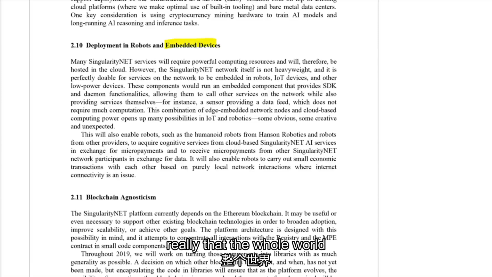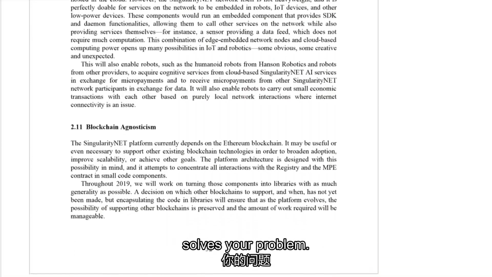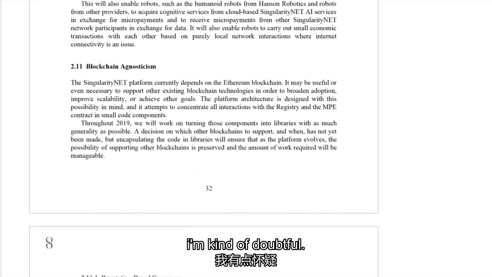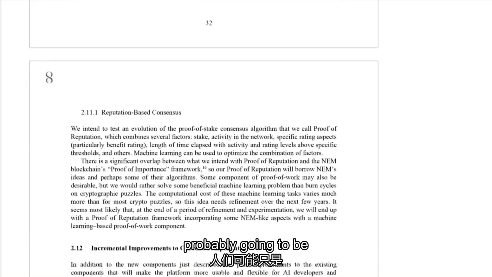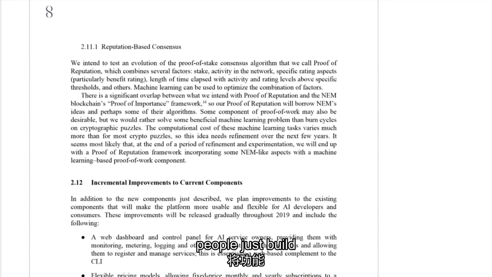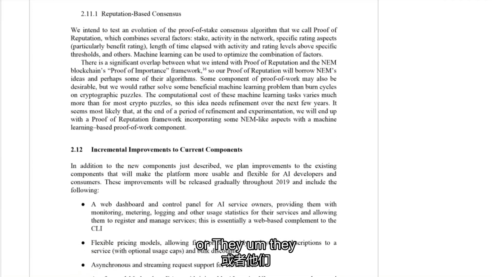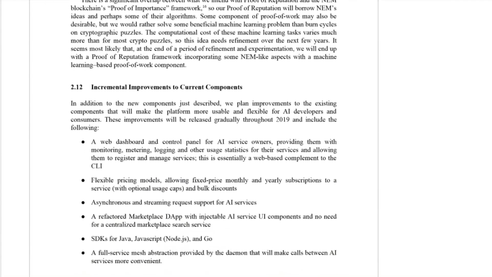So their idea is really that the whole world will be connected to this network, and whenever you require any sort of functionality, you just call the network, and the network solves your problem. As I said, I'm kind of doubtful. I still think it's probably going to be people just build the functionality either into a custom, uni service, or they just build it on device.